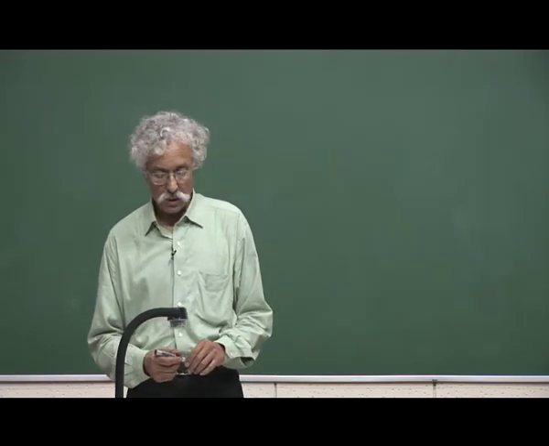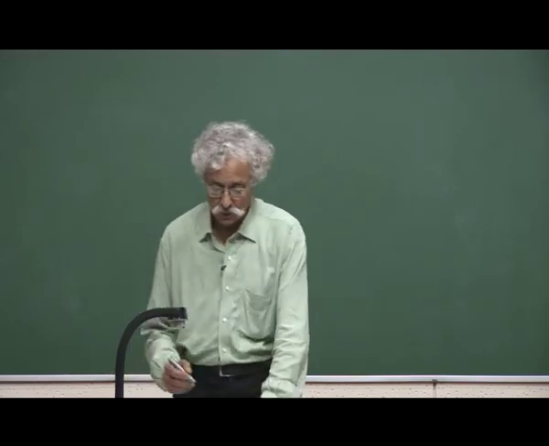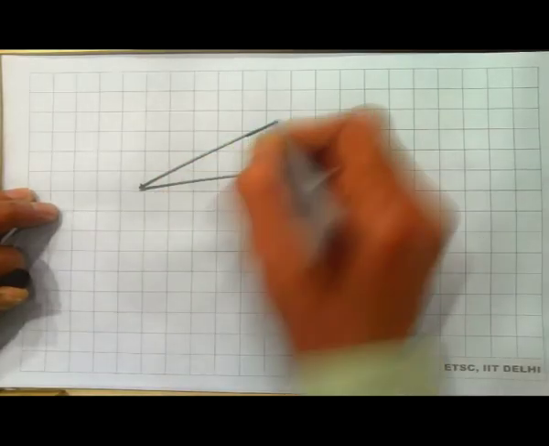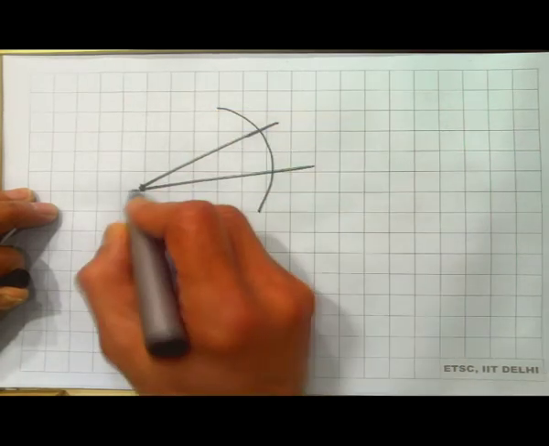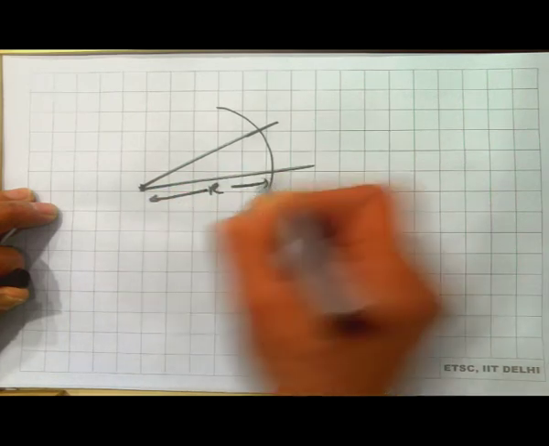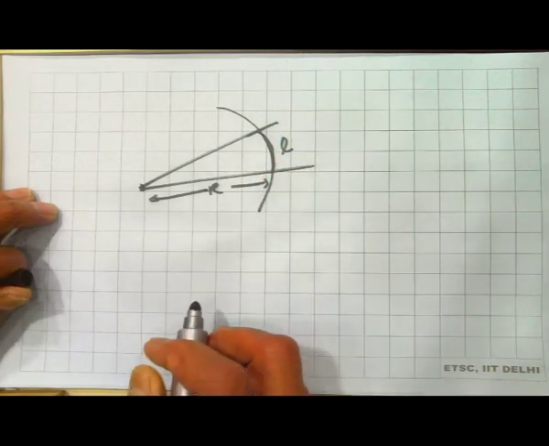Now, we know that angles in a plane are measured in radians. So, how do you measure an angle in radians? What we do is we take this point and draw a circle around this point of radius r. This cuts an arc length L on the circle.